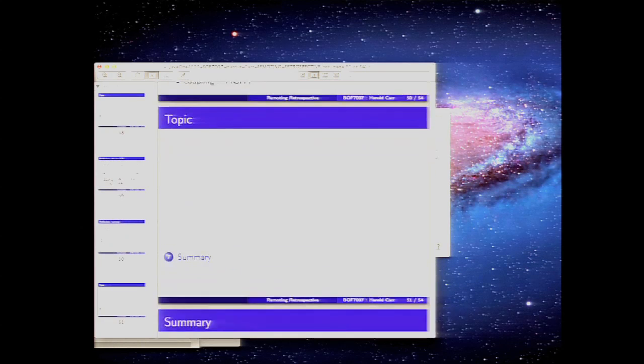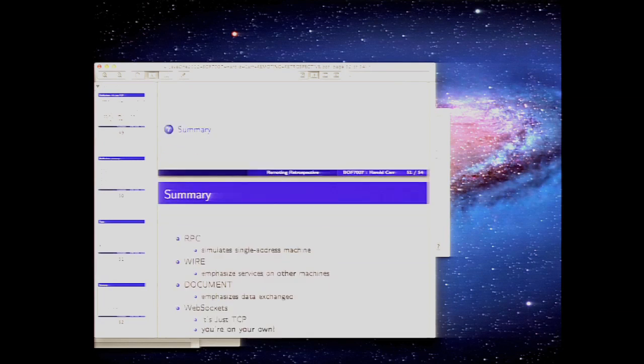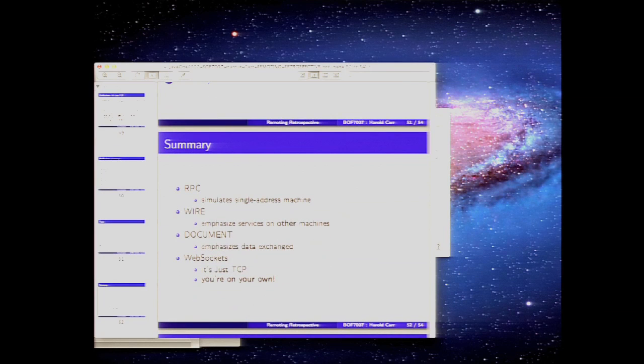Okay, so here is the summary. RPC is basically trying to simulate the RPC systems as they were done, like DCOM and so on, which were trying to simulate single address machines. That's too fragile.